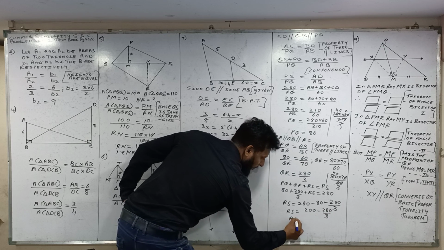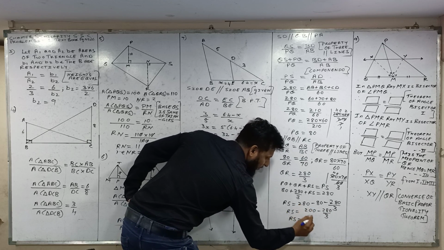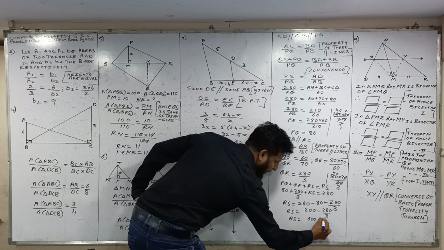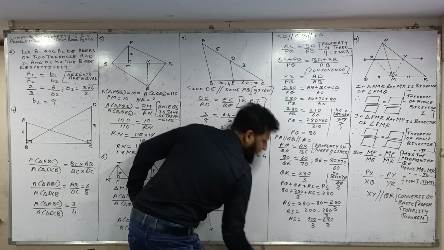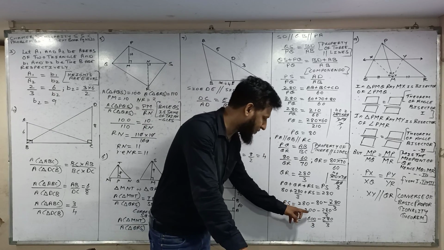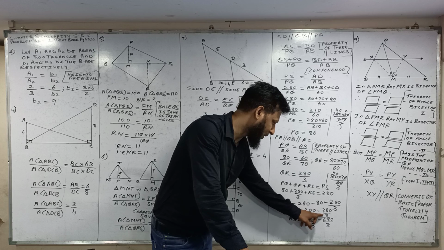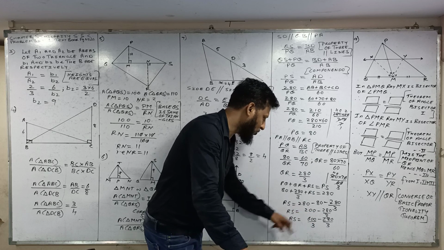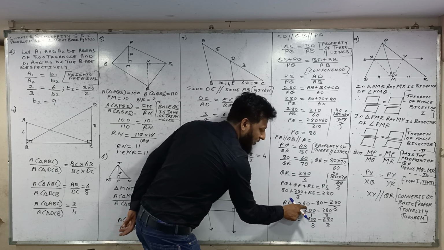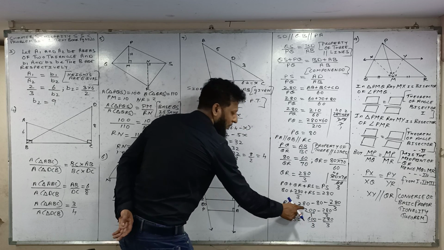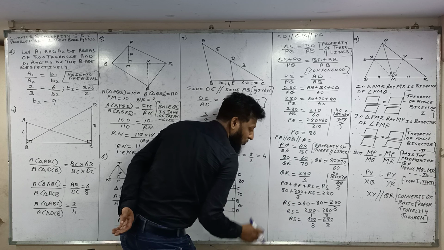So put the LCM. 3 to the 600, minus 280 upon 3. So while plus or minus, we have to make the denominator same. So no denominator below 200, that means 1. So multiply by 3. So 600, and multiply 1 by 3 and 200 by 3.